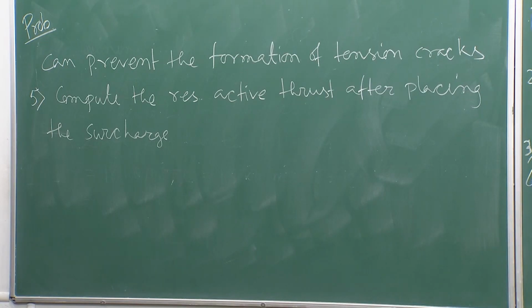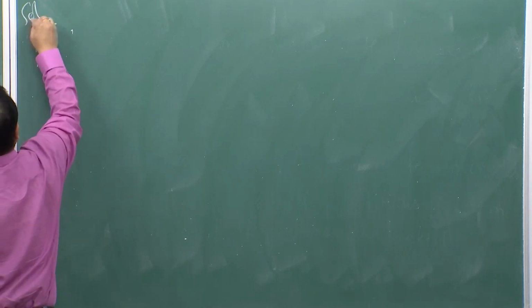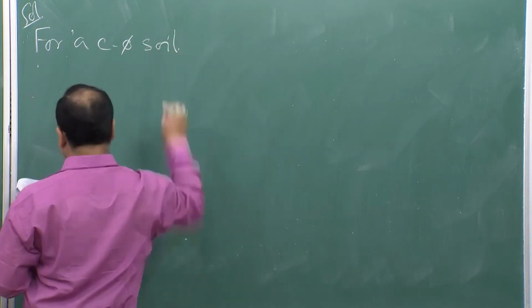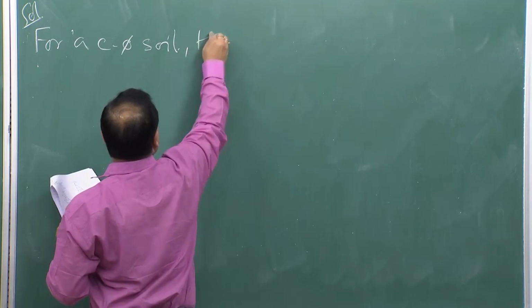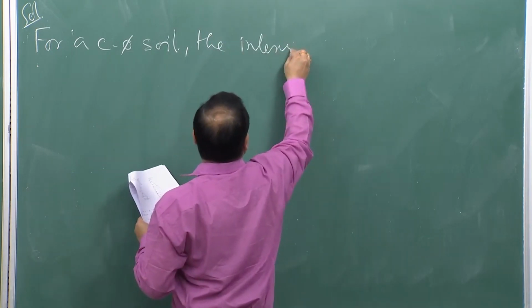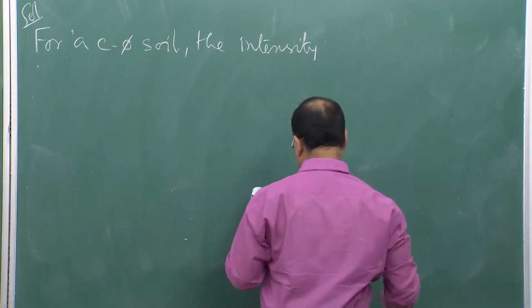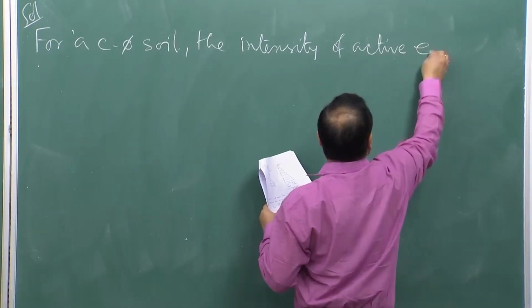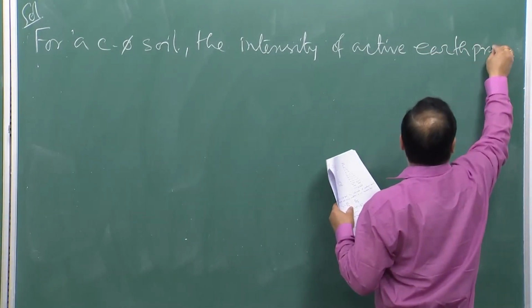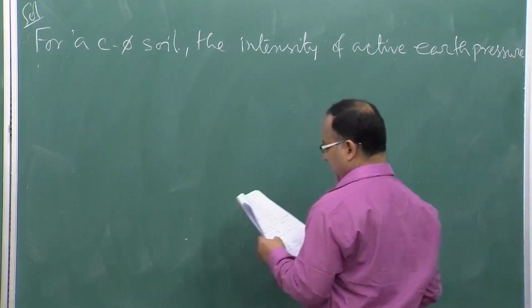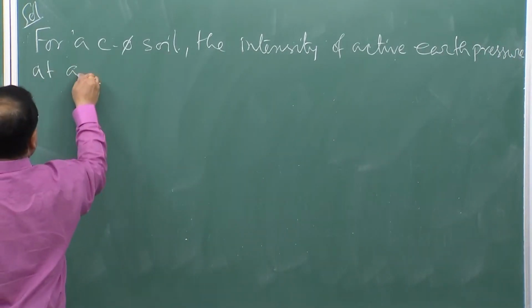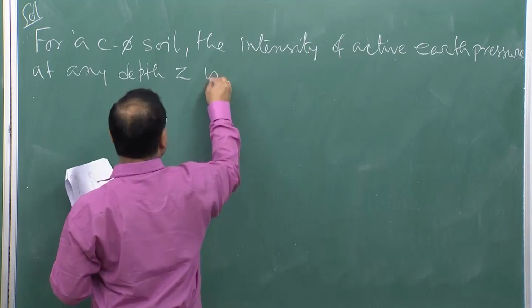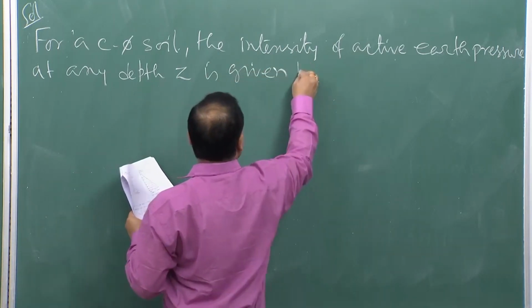So, now let us solve this problem. Solution: for a C-phi soil, the intensity of active earth pressure at any depth z is given by, what?